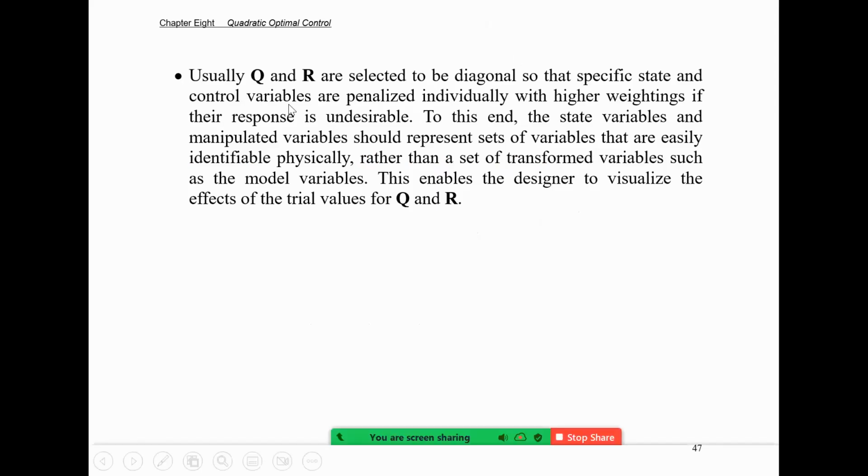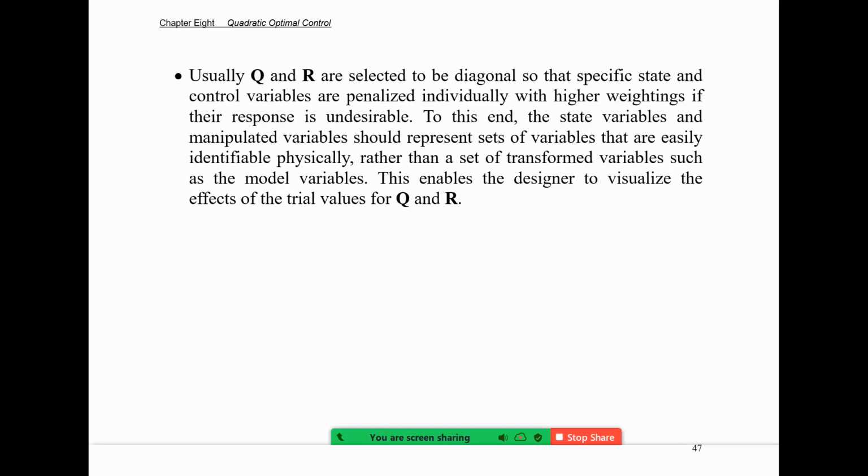But in reality, because you want to visualize and know the meaning of those parameters, it is simpler to design Q and R as just diagonal matrices, directly reflecting the weights for different state variables and the input values.